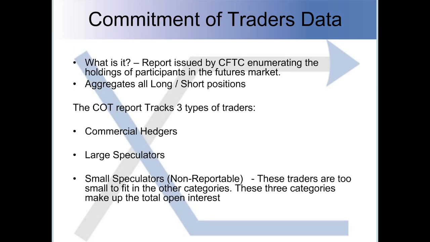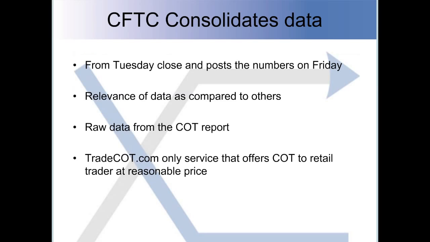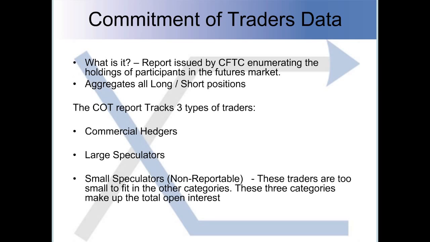Large speculators are hedge funds, typically trading in the direction of the trend or speculating on whether spreads between different futures markets will widen or tighten. The commercial hedgers are the important player to keep in mind, because they make up a huge part of the commitment of traders data.